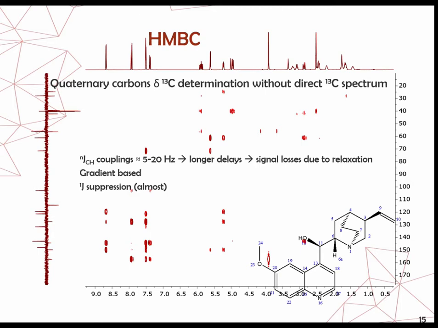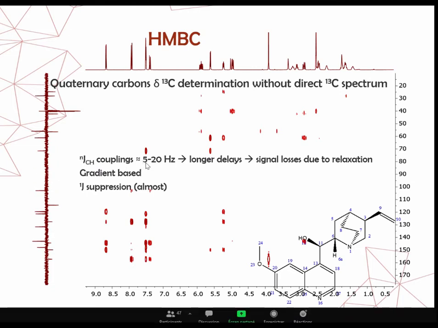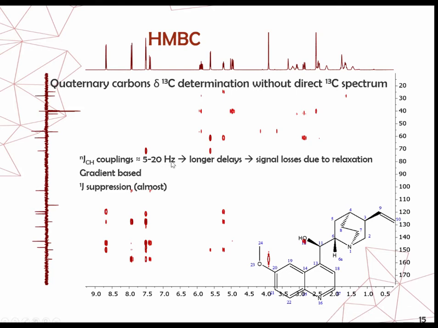As we are looking for long-range couplings, the usual coupling constants will be smaller than 1J. So usually they are in the 5 to 20 Hertz range. So we need to use longer delays in the pulse sequence, and this induces signal losses due to relaxation.